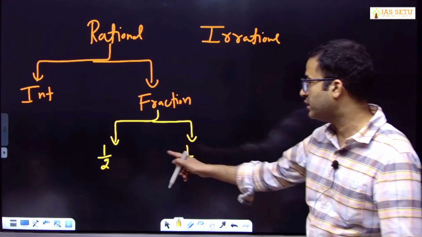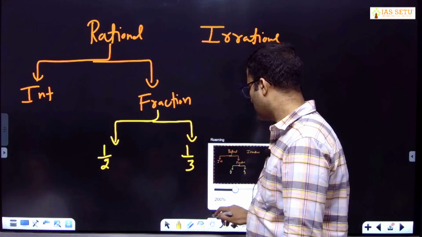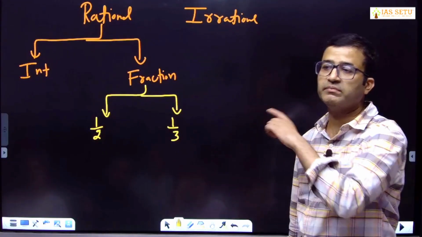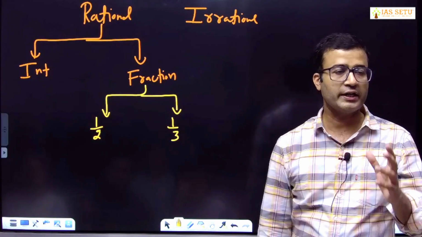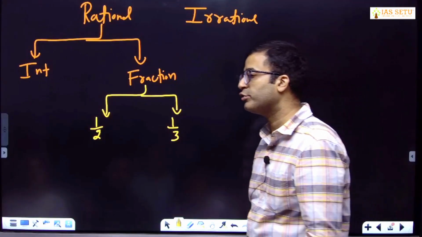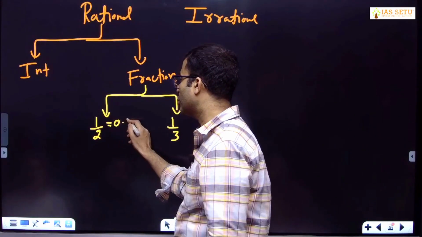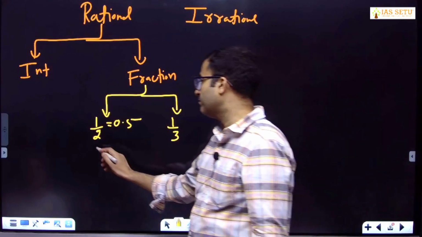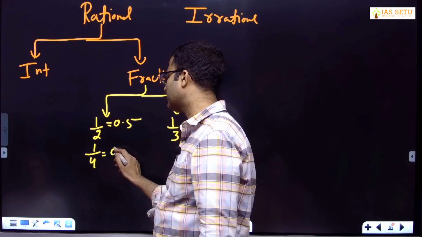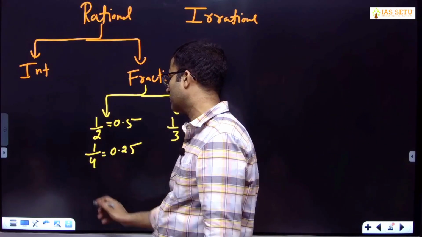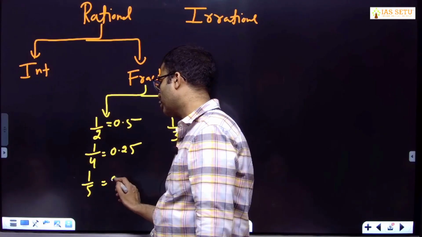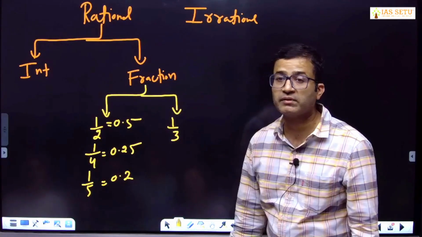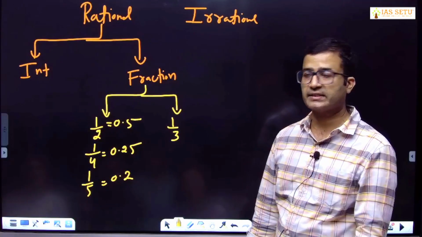But wait, there is a difference. Convert these fractions into decimals, you will get an idea. If you convert 1/2 into decimal, you get 0.5. Similarly, 1/4 in decimal is 0.25. 1/5 is 0.2.